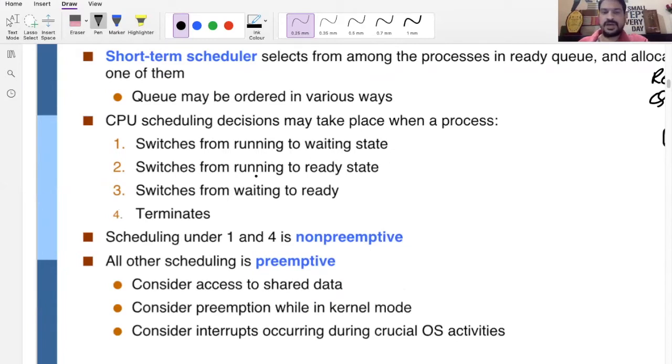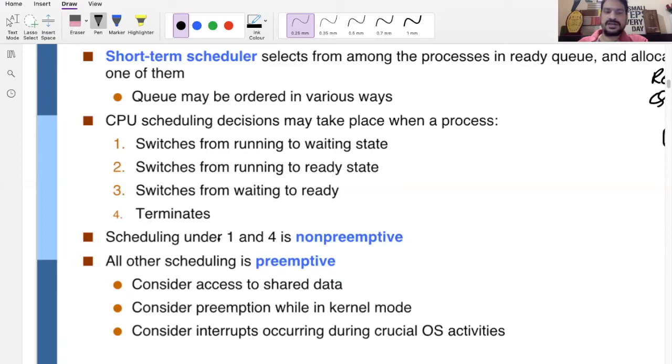If we are moving from running to ready state, then also we have to do some sort of scheduling. If we are switching the process from waiting to ready, then also we have to do some sort of scheduling. And when a process reaches the terminated state.